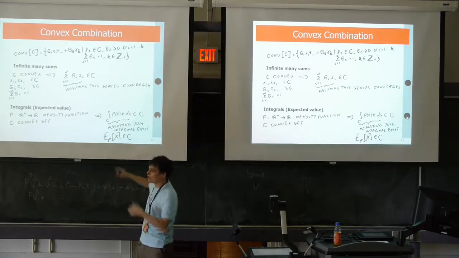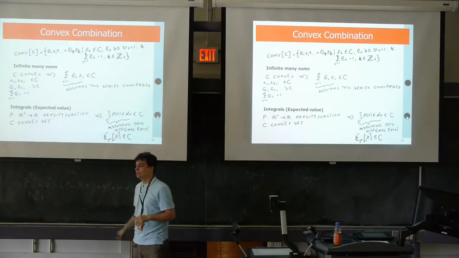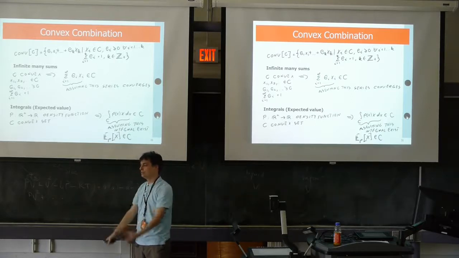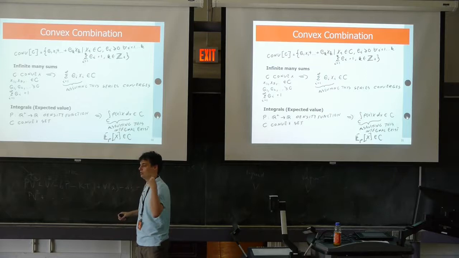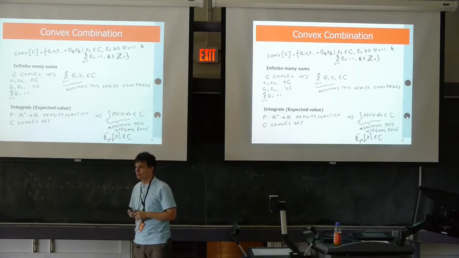So in other words, if you have a convex set and you define a distribution on that convex set, then the mean of that distribution, if it exists, will be in the set itself.